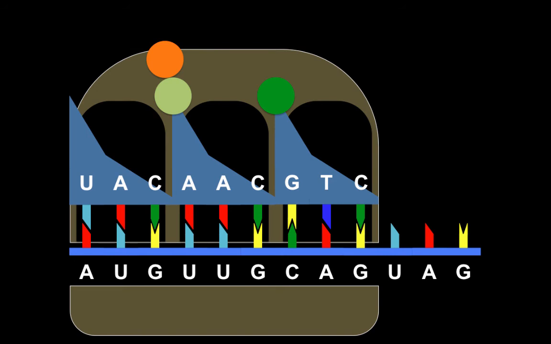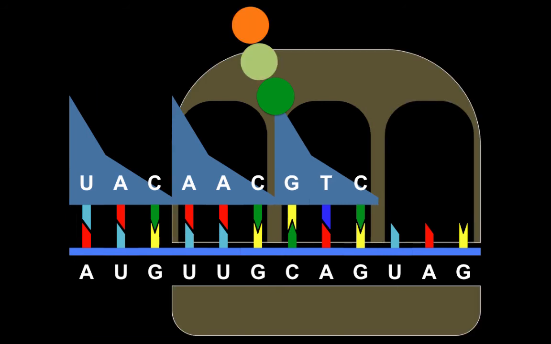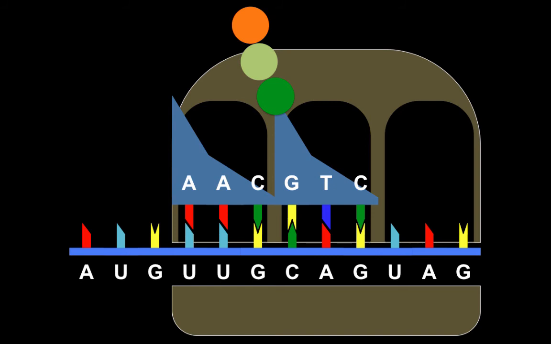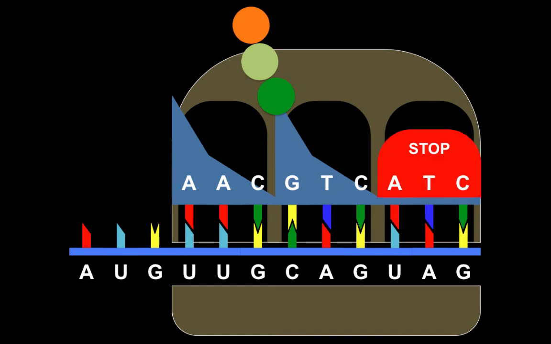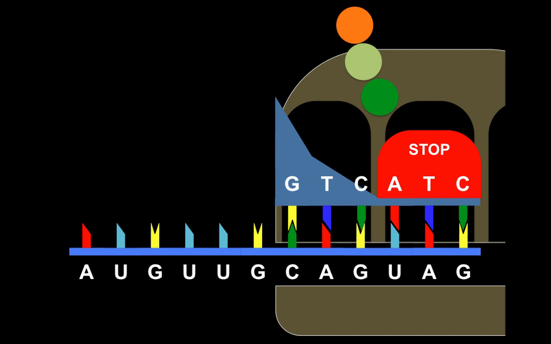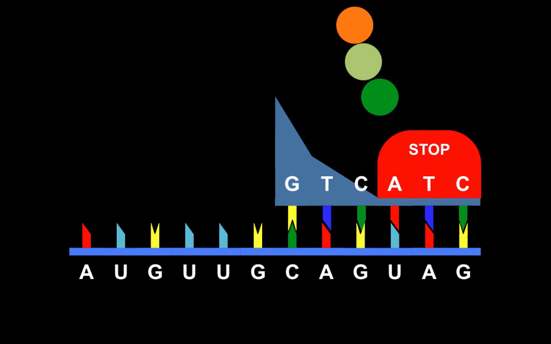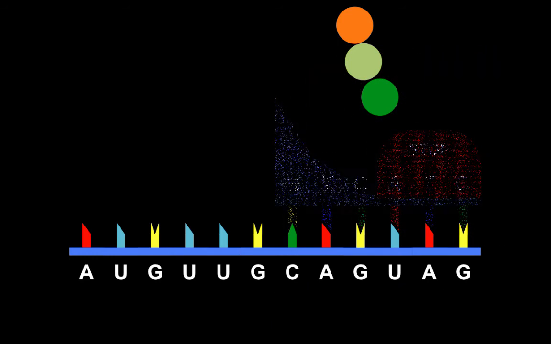All right, the next tRNA comes in, we shift down, that first tRNA goes away, and then in comes our stop codon, because this is a pretty short protein. So when the ribosome shifts down, there's nothing there to bond to. Tells the ribosome, we're done. Everything kind of breaks up and goes off on its own. And now we have left our protein.